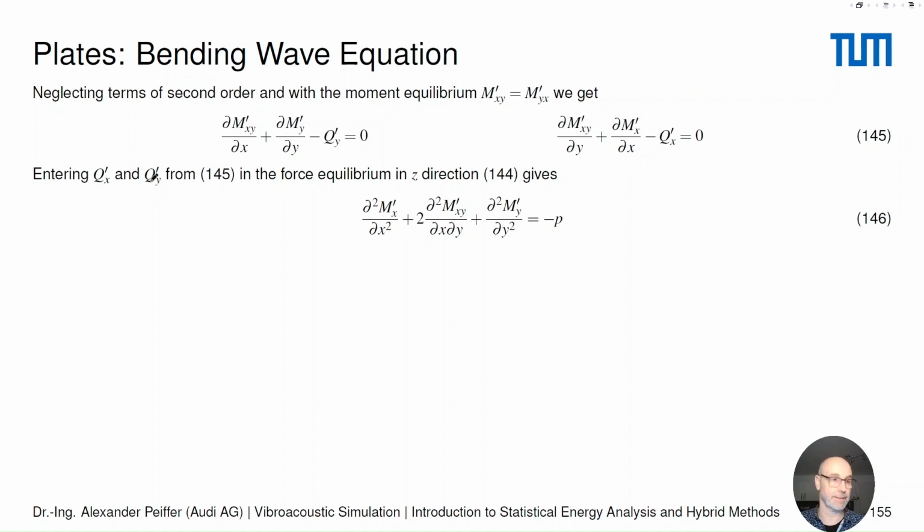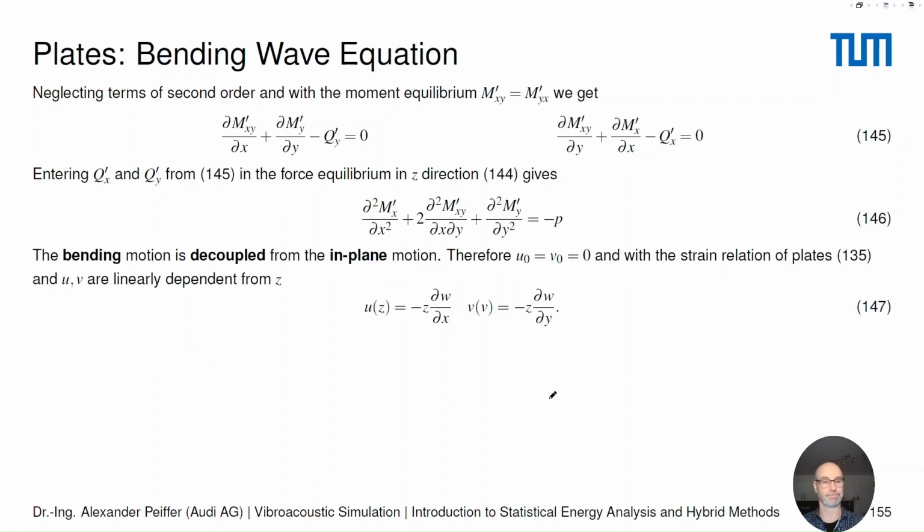If we now enter the formula that we had from the stress, the forces and the forces per length in z direction, we can finally derive this equation here, which is an equation with just containing moments and an external pressure. So we have nearly achieved what we need to find finally the wave equation, but we have just some remaining steps to do.